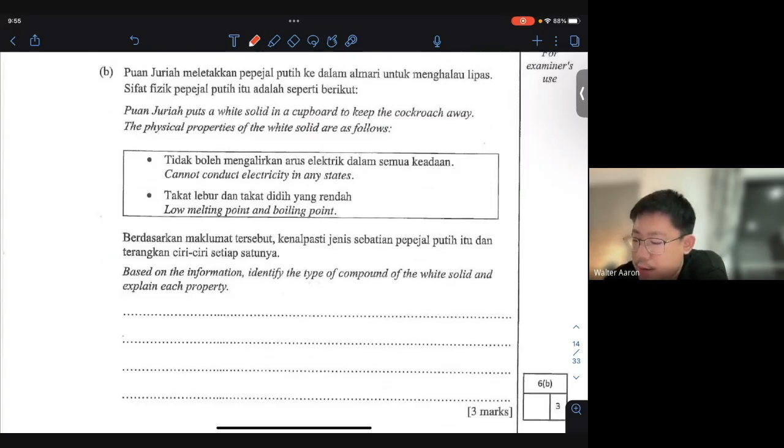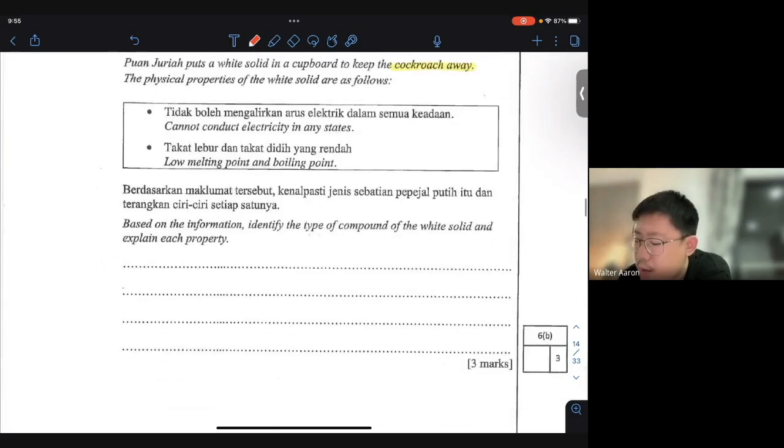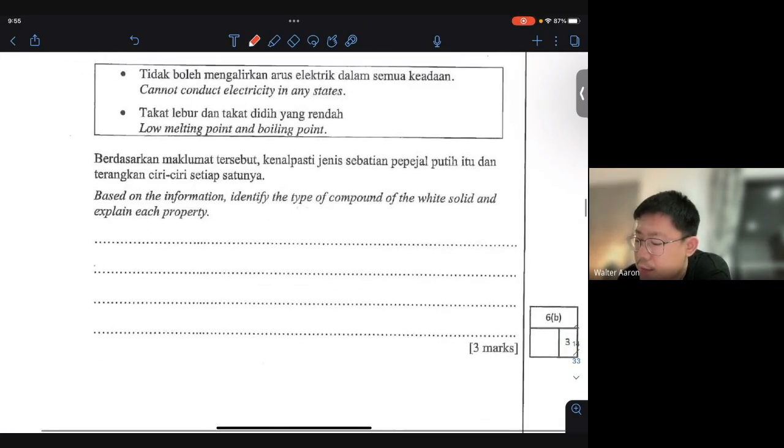Puan Juria puts a white solid in a cupboard to keep the cockroach away. The physical properties of the white solid are as follows: it cannot conduct electricity in any states, and it has low melting and boiling points. So to keep this cockroach away is most likely naphthalene, okay, mothball. Based on the information, identify the type of compound of the white solid and explain each property.